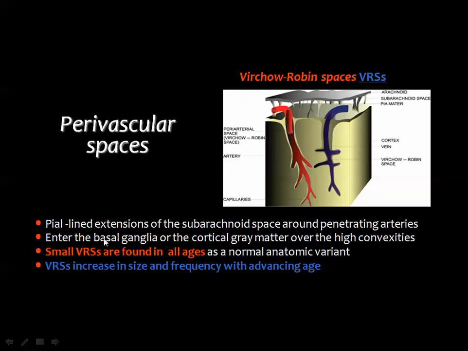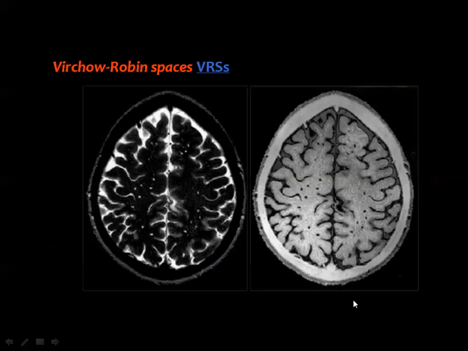They enter the basal ganglia and the cortical gray matter in the high convexity of the brain. The presence of Virchow-Robin spaces is considered a normal variant. It can be seen in all age groups, and the Virchow-Robin spaces may become prominent with advancing age.